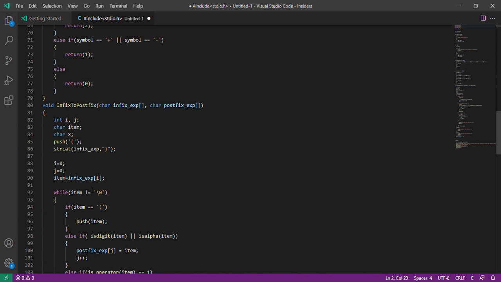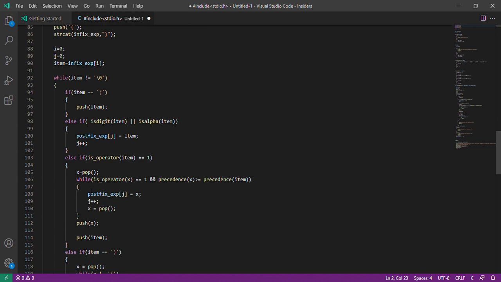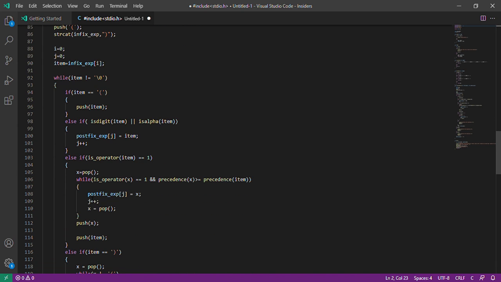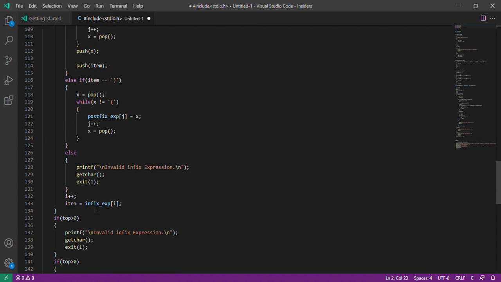Then if the symbol is the exponent operator, it has the highest precedence. Then next, else if the symbol is equal to plus, lowest precedence.